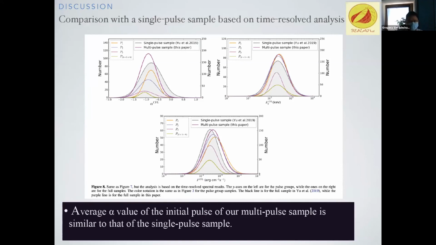This time we wanted to compare the result with the time-resolved analysis. The main finding is that the average alpha value of the initial pulse in our multi-pulse sample is similar to that of the single pulse sample, and the later pulses are softer than the initial pulse, also softer than the single pulse sample.